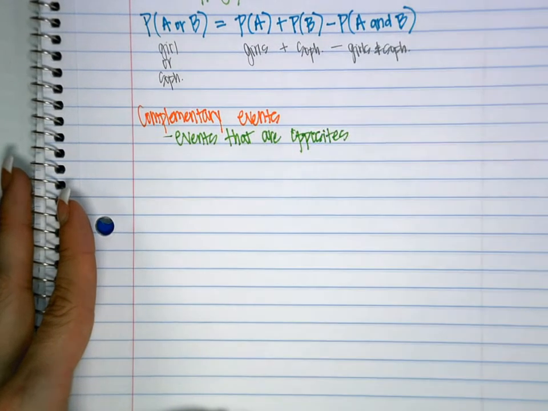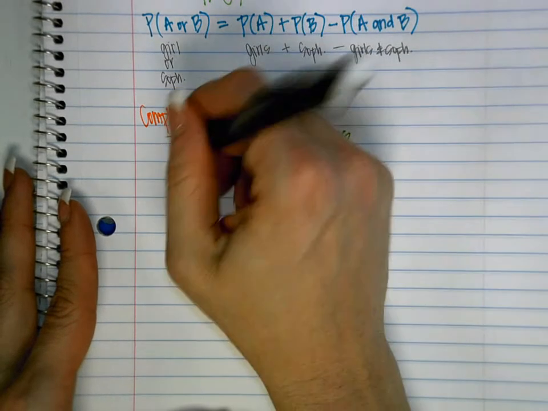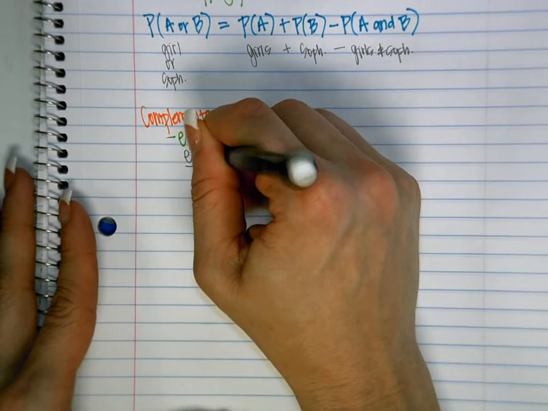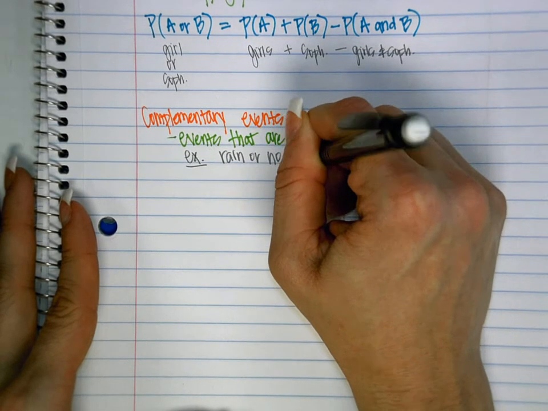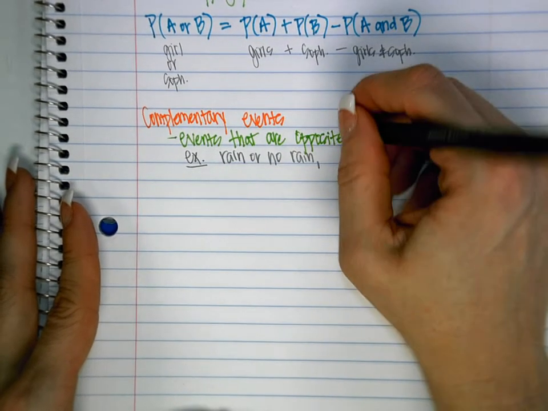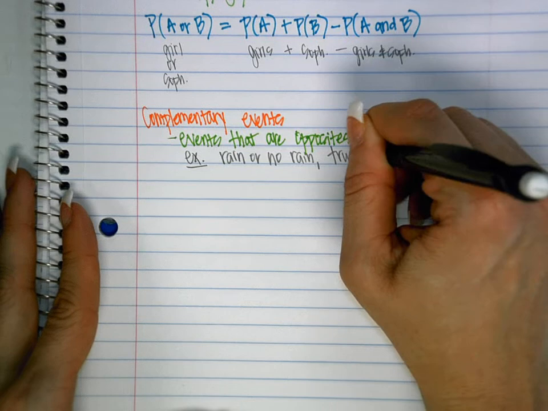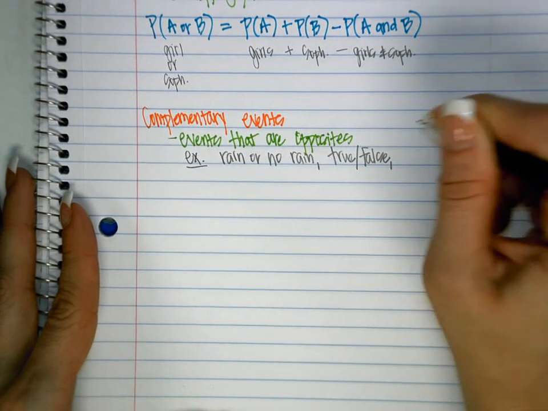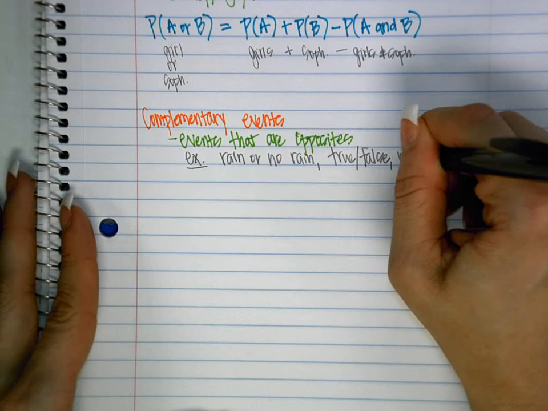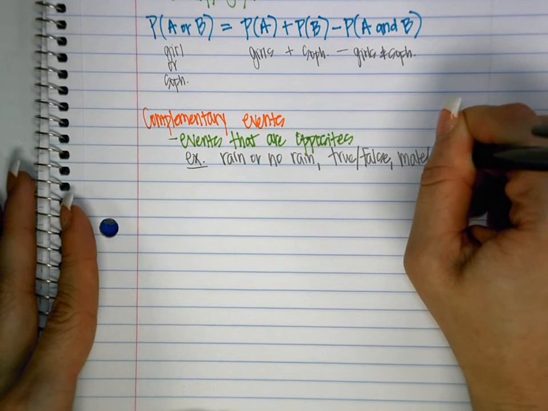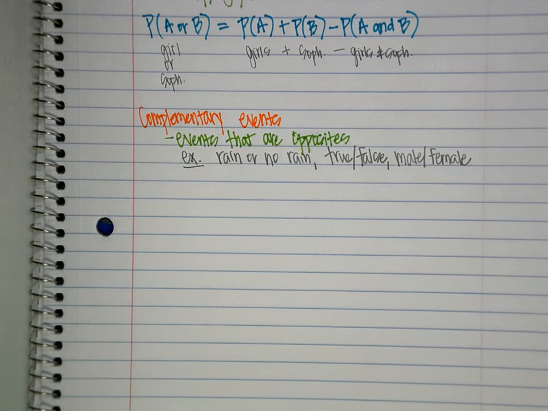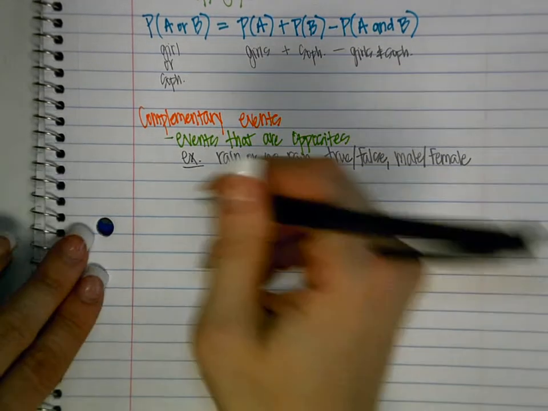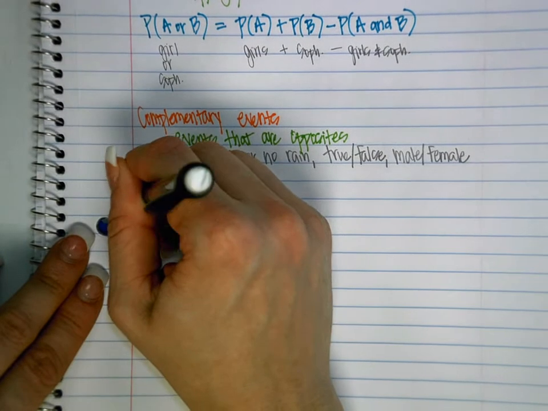Okay, so examples of events that are opposites would be like rain or no rain, true or false. So there's only two possibilities. Okay, male or female. Okay, those things are complementary. Okay, night and day, exactly. Win or loss, even, odd, that kind of thing. Heads or tails, exactly.